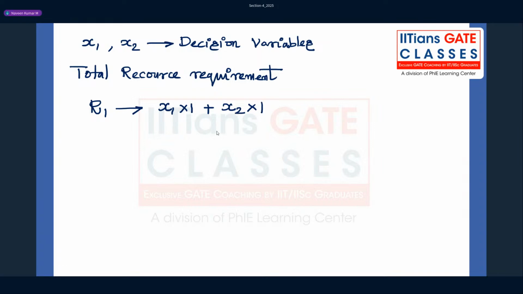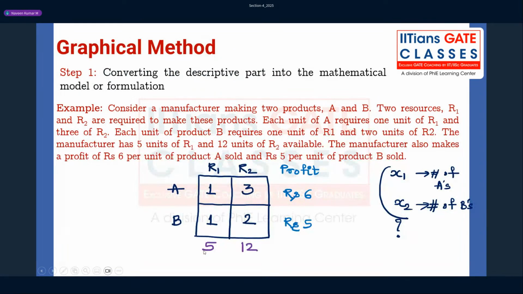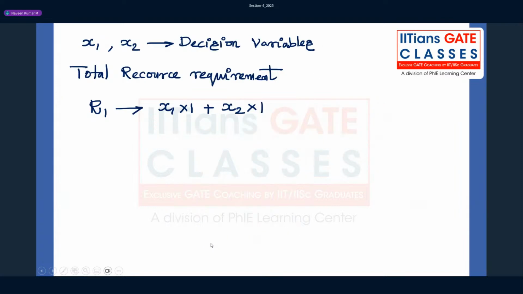Now this is your total resource requirement. But what is the cap? The cap is 5. In this situation, you cannot use more than 5 units of R1. So what I would do is put a constraint, which I would write in a different ink here.